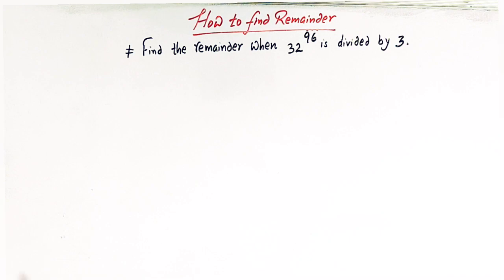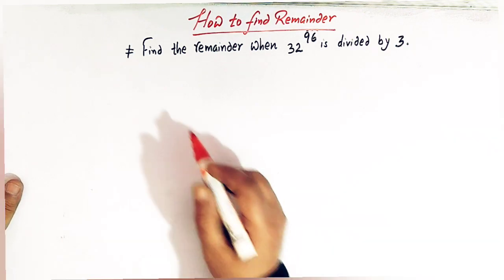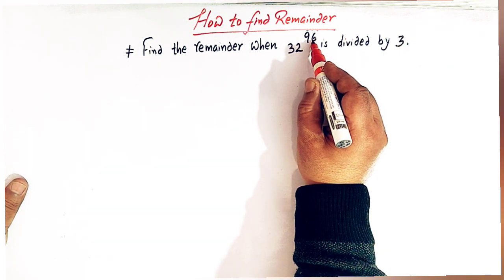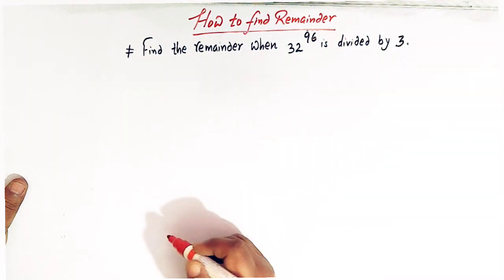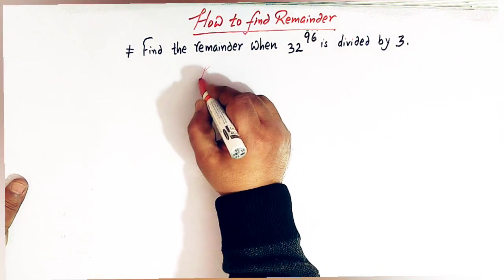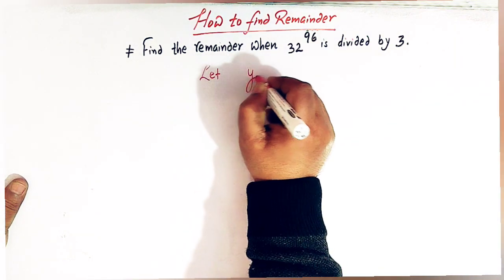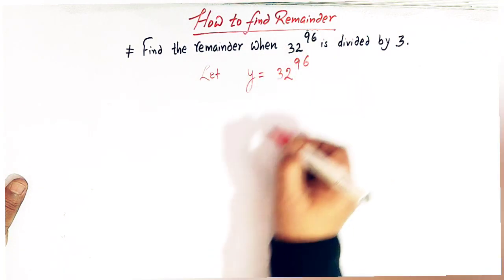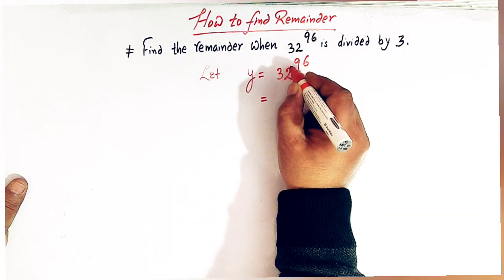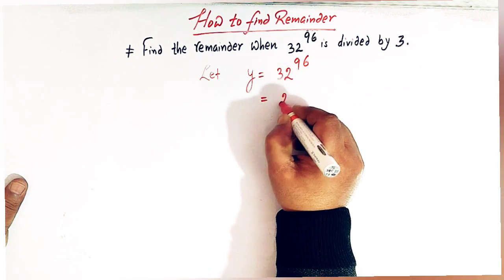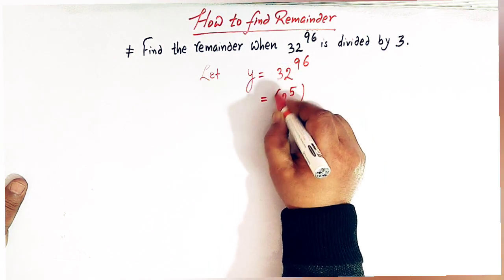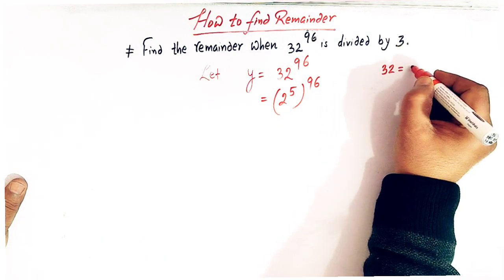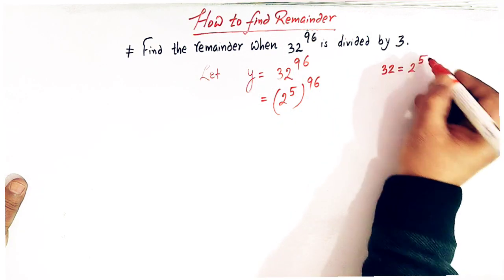So now let us take up one more problem. Here we have to find the remainder when 32 raised to 96 is divided by 3, right? So let us take y as 32 raised to 96, right? So now let us write 32 as 2 raised to 5, and here we have 96, because 32 can be written as 2 raised to 5.